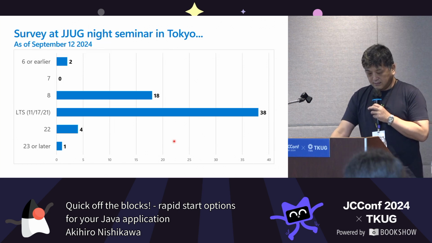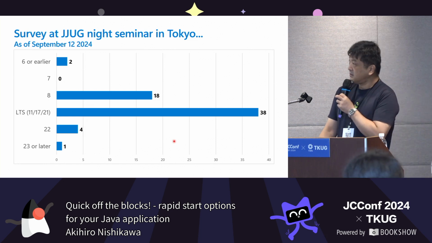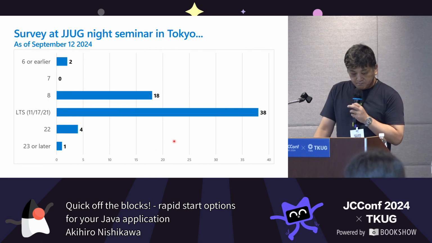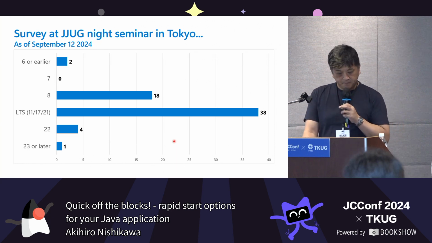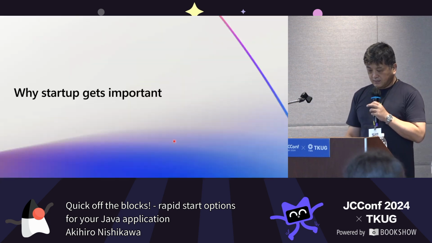So they are there now, but main usage is LTS, long-term support, 11, 17, and 21.